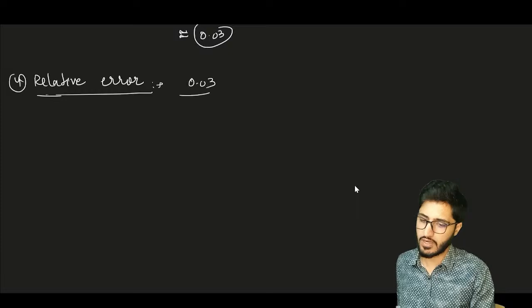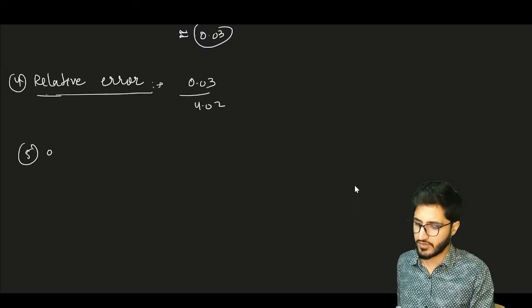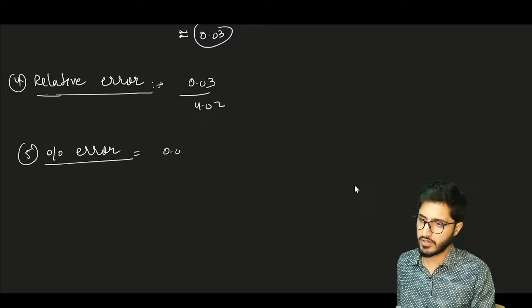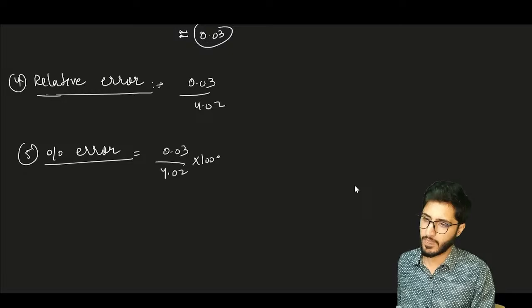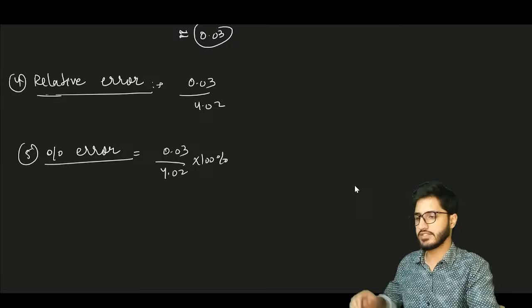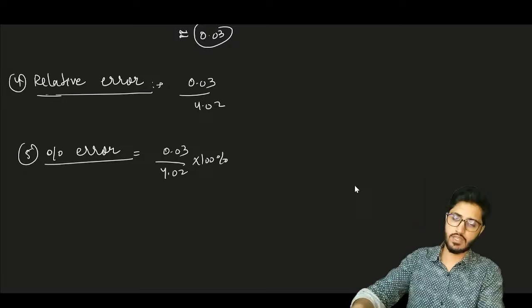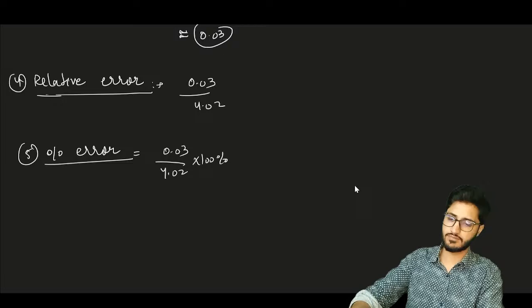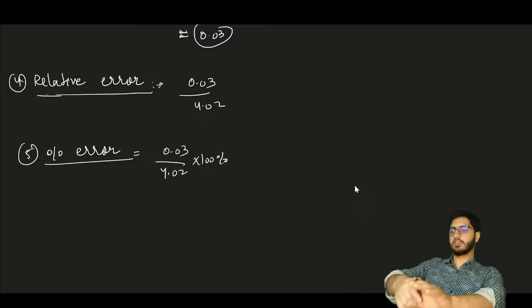Then we are having percentage error, and percentage error is 0.03 divided by 4.02 into 100%. In this way we can calculate these things, right? Okay.